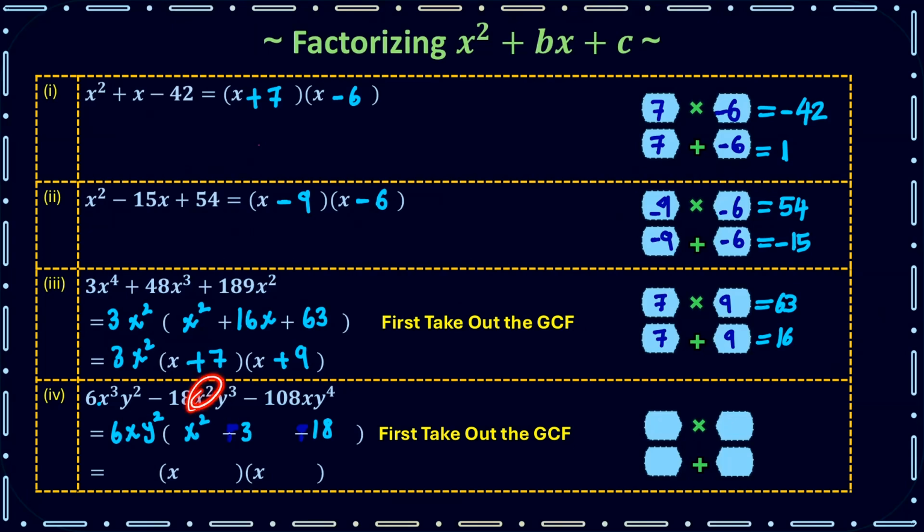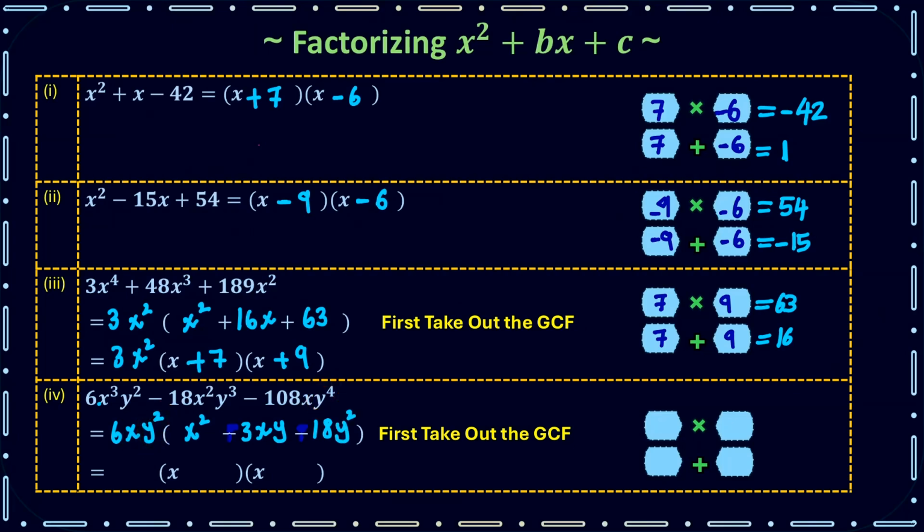Then x squared divided by x leaves you with x. We have y cubed divided by y squared, leaving you with y. Finally, x squared is already out. y to the 4 divided by y squared is y squared.